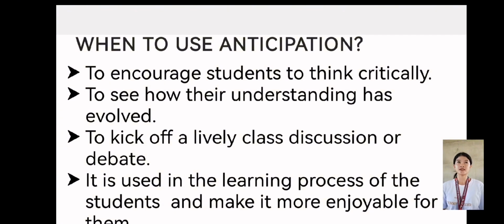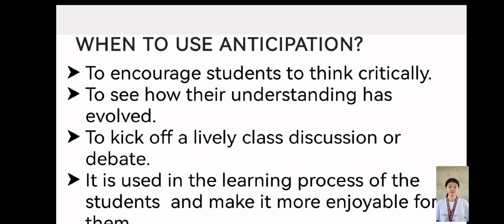In that process, the teacher will see if their students really have improvement and really understand the topic.